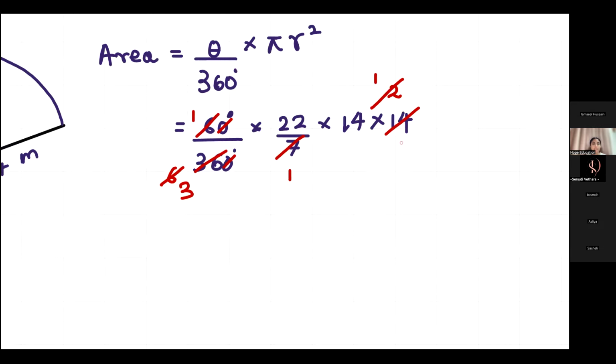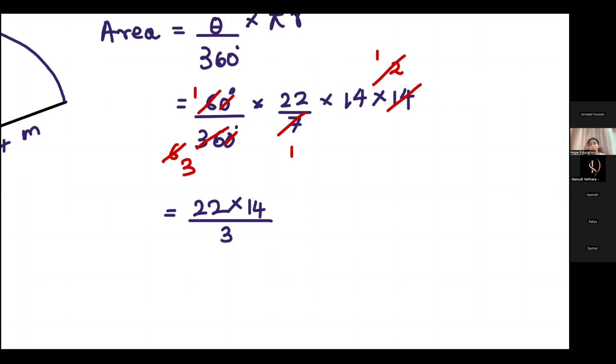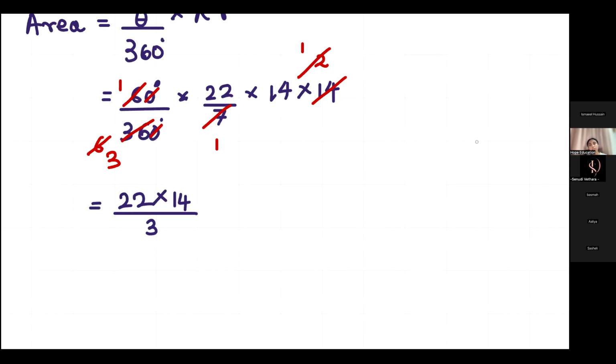So at the top we have 22 multiplied by 14. At the denominator we have 3. We'll see. 14 multiplied by 22. 2 times 4 is 8. 2 times 1 is 2.